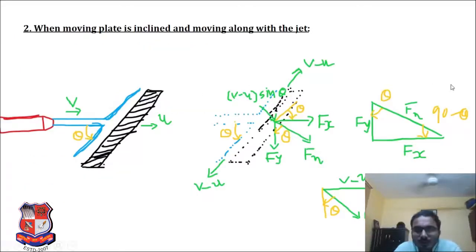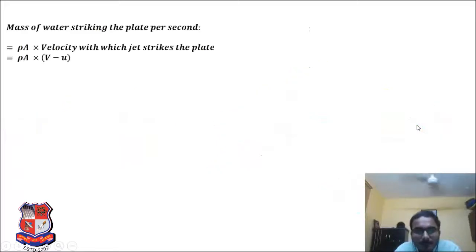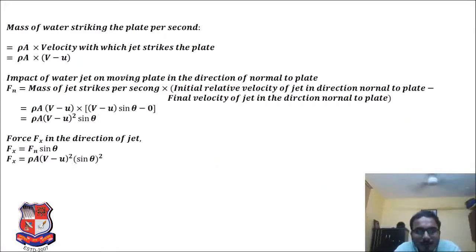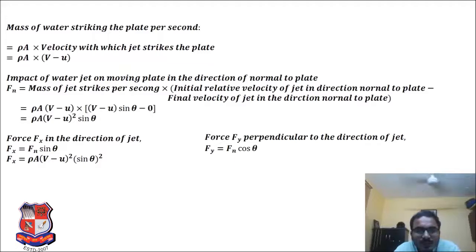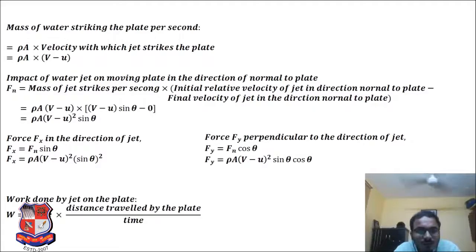Here, as this is Fn, Fx will be Fn sine theta. You can get this from this triangle. You can pause this video and check. Fx will be Fn sine theta, and we can simply put those values, and Fy will be Fn cos theta.